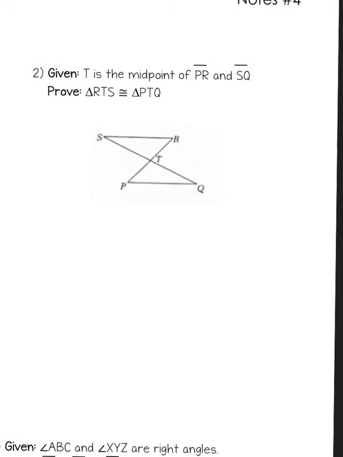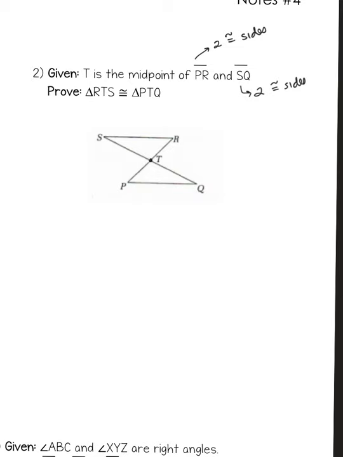In this problem, I know T is the midpoint of PR. Well, if I have a midpoint of a segment, that's going to get me two congruent sides. And T is the midpoint of SQ. It's going to get me two more congruent sides. So here's T right in the center.